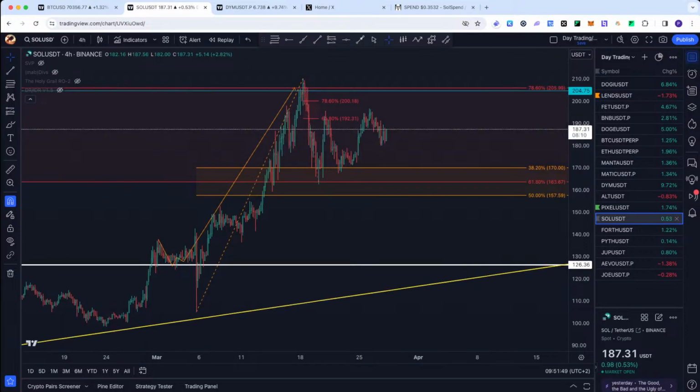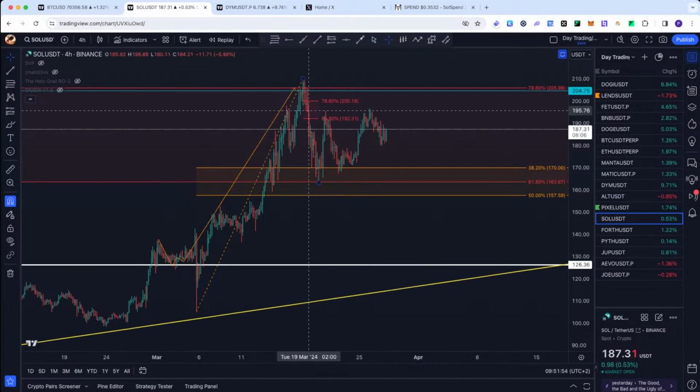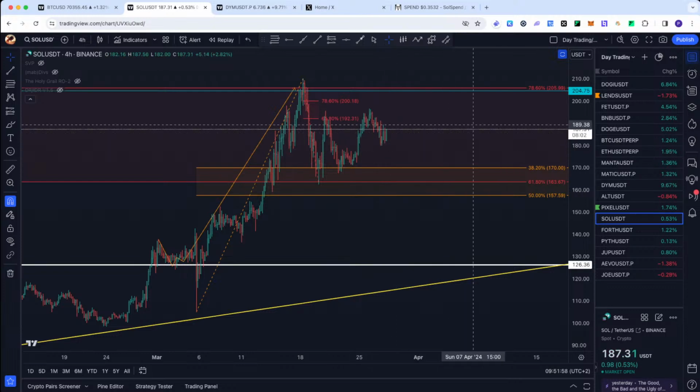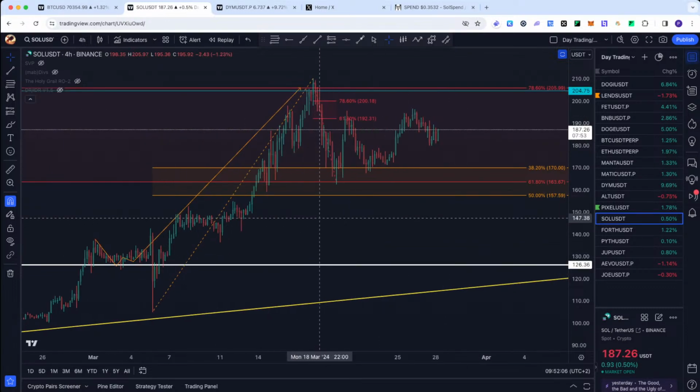Solana, well, you can see it touched the short reload zone, rejected, and is trying to push higher and higher. It has kind of a W here. You can frame here a bot setup on Solana, on the 4-hour chart. We reached our target. You know me, I said we'll go to 0.